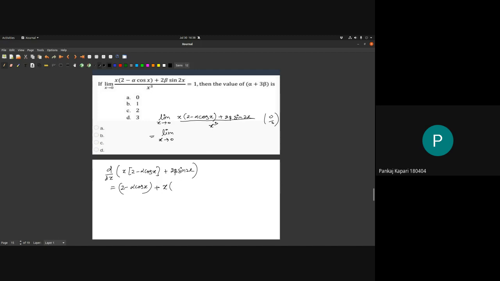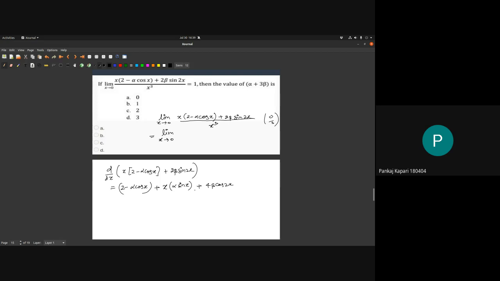The constant has derivative 0, and we are assuming that alpha and beta are constants, so the derivative of cos x is minus sin x, and you will just get alpha sin x. For the second part, we have 4 beta cos 2x.